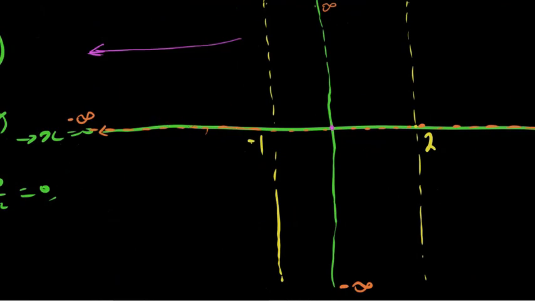How does the graph behave? Let's find out when x is minus 2 and minus 3.